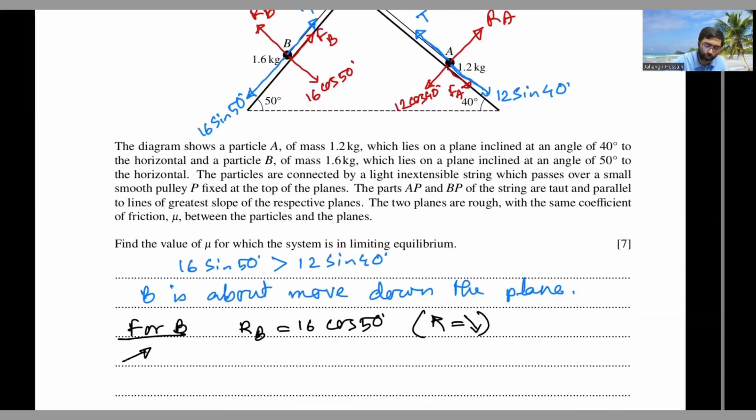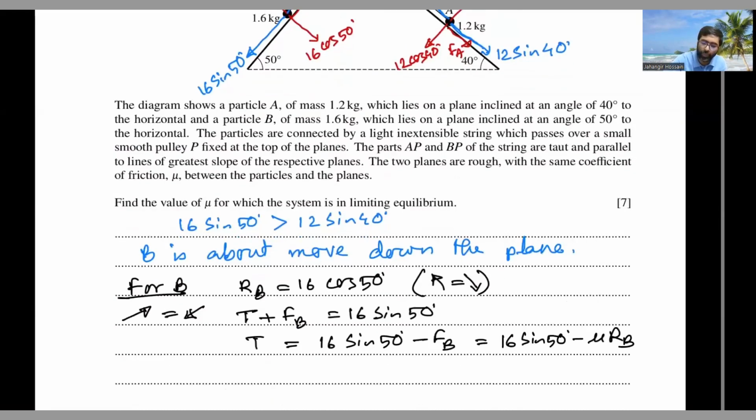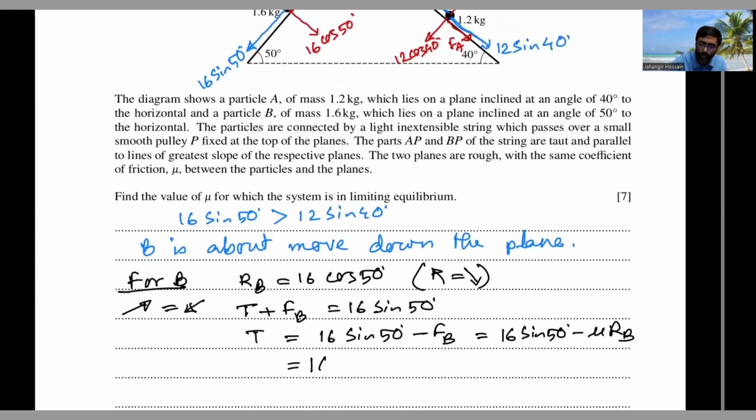Considering forces along the plane, we have T plus F_B equal to 16 sin 50. So T is 16 sin 50 minus F_B. F_B equals mu into R_B. So T is 16 sin 50 minus 16 mu cos 50.